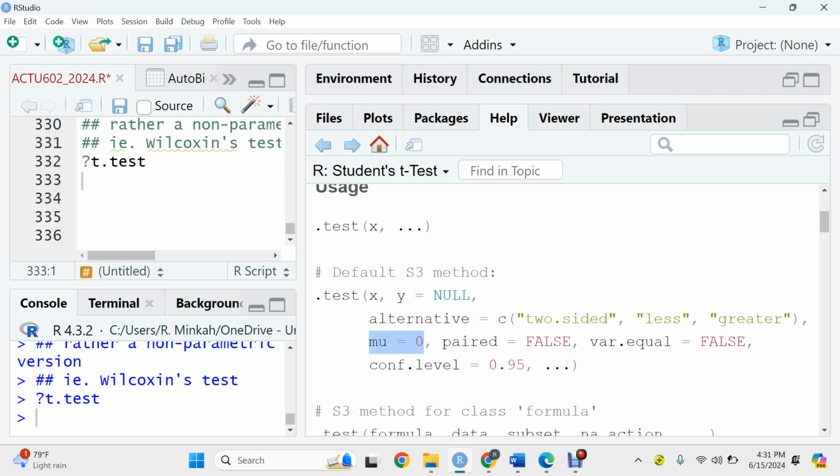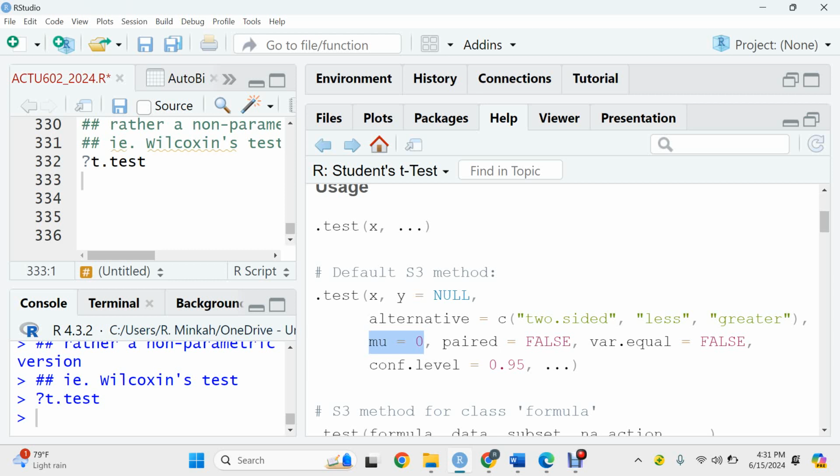So by default, you see mu1 minus mu2 is 0. But it is not always the case, because I may also ask you to check whether those wearing seatbelt, their average loss is, let's say, 20,000 less than those who do not wear seatbelt.